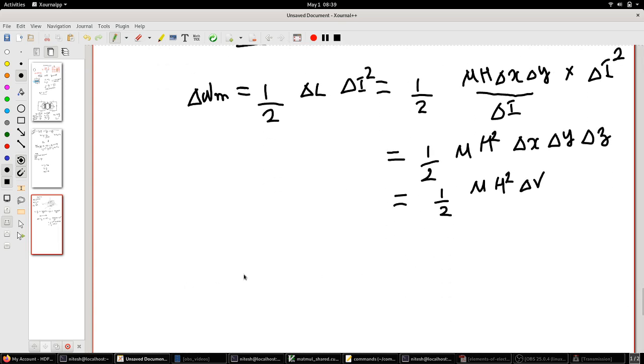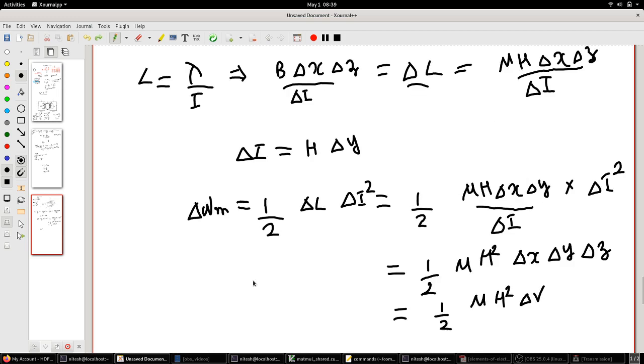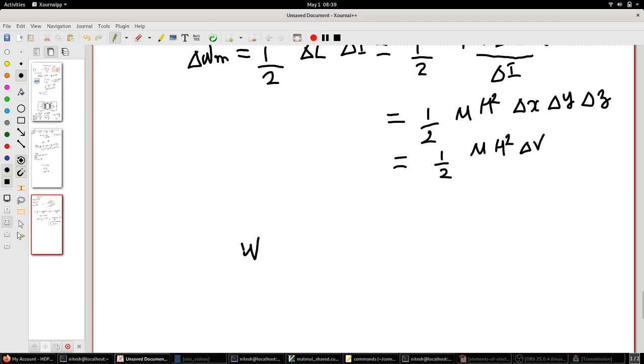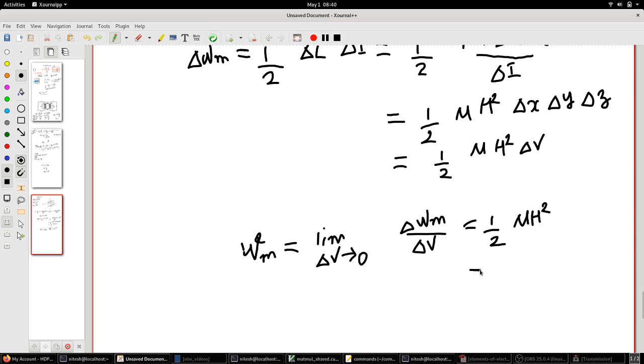Now the magnetostatic energy density Wm is equal to the limit delta V tending to 0 of delta Wm divided by delta V, which comes to half mu H square, which is the same as half BH, or half B square by mu.